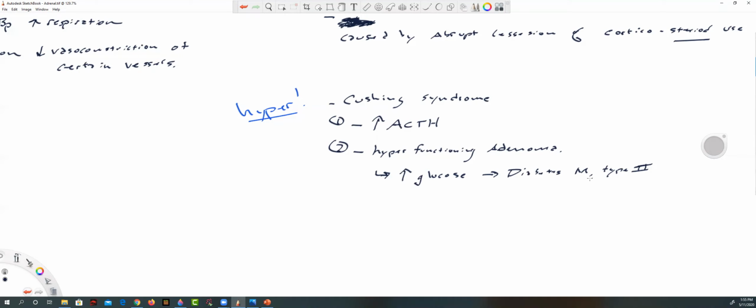It creates diabetes mellitus type 2 because the cell receptors for insulin have been overused and they no longer work. The other thing about Cushing's syndrome is protein loss and weakness.